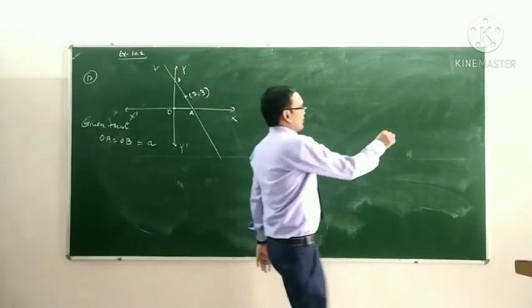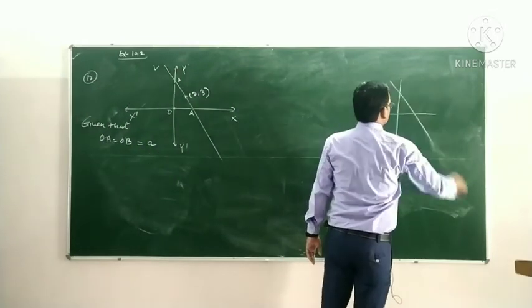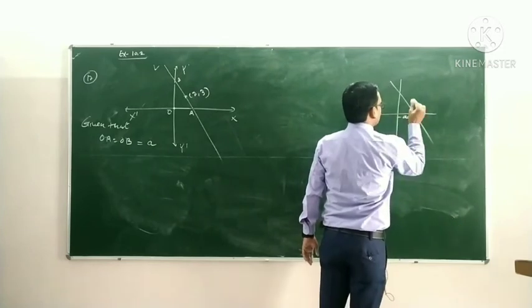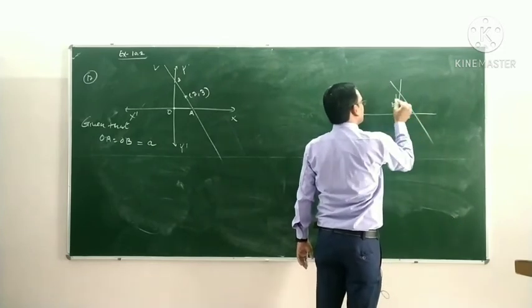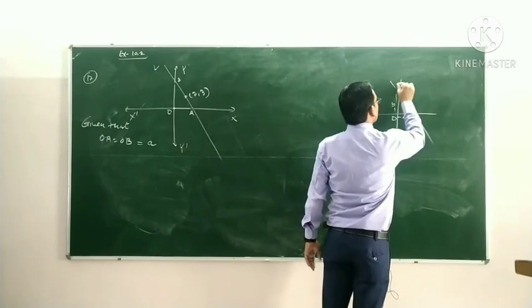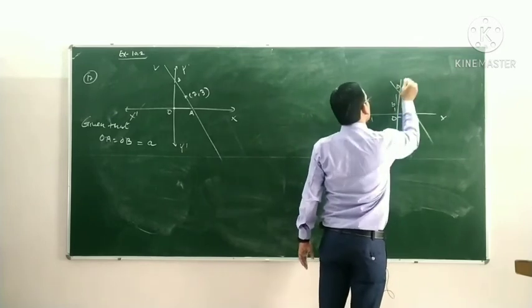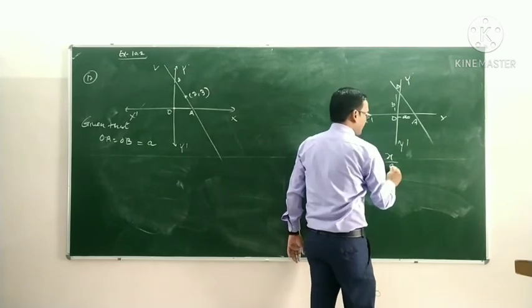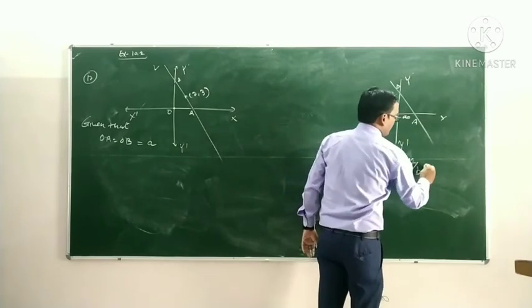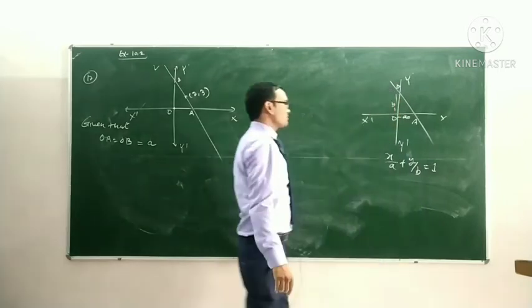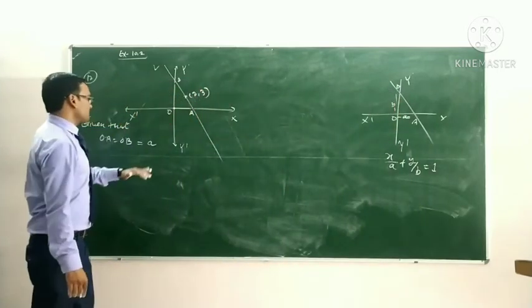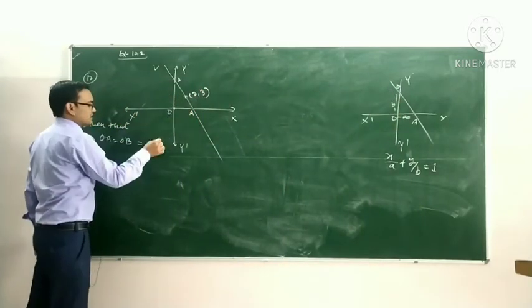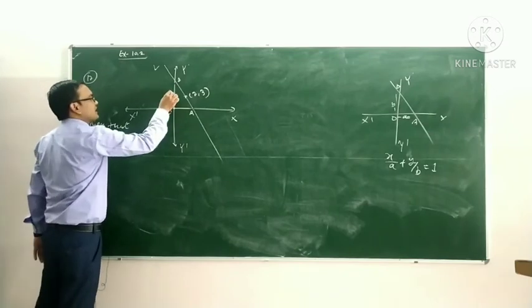Here we use this: if the line's x intercept is a and y intercept is b, then the equation of the straight line is x upon a plus y upon b equal to 1. Okay students, here the x intercept is a and the y intercept is also a.